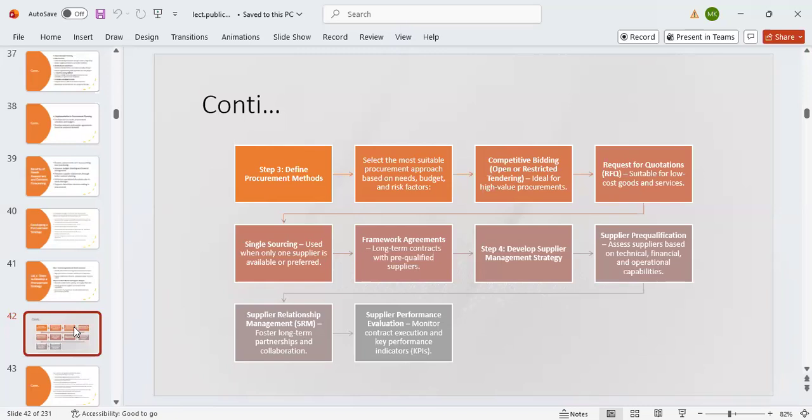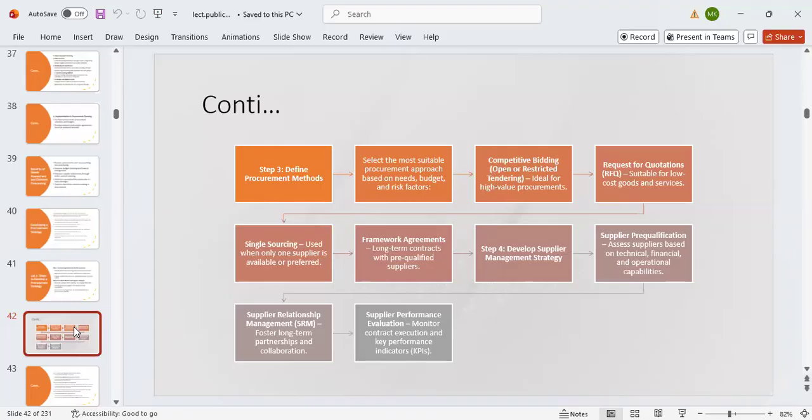There are several methods for you to pursue. It can be competitive tendering, restricted or open. It can be request for quotation, which we said is for low value items. It can be sole sourcing, where maybe there is only one preferred supplier available, or for emergency situations, or for national security.